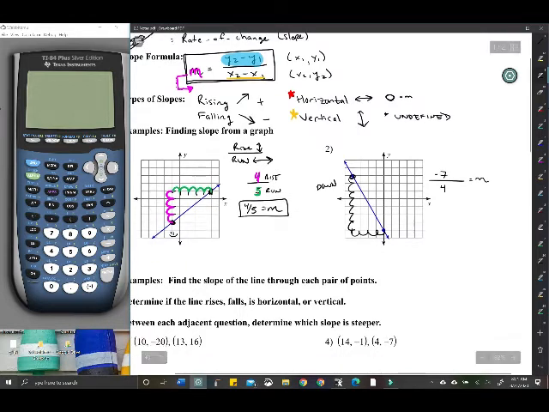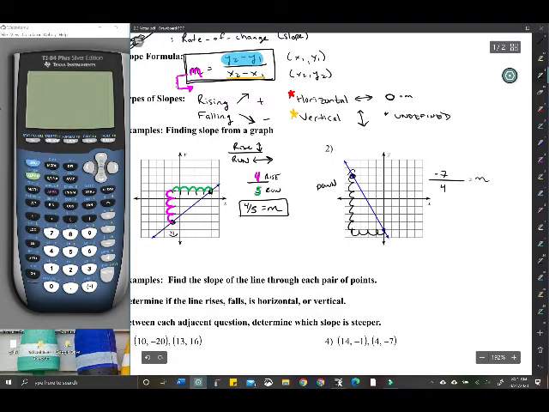Another way to look at this is if we take this point, that point was -4, 3. And we take the next point, which is 0, 4.